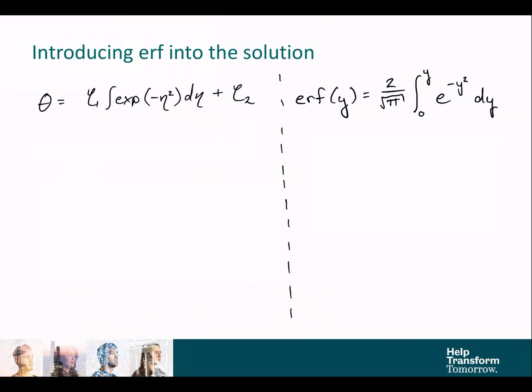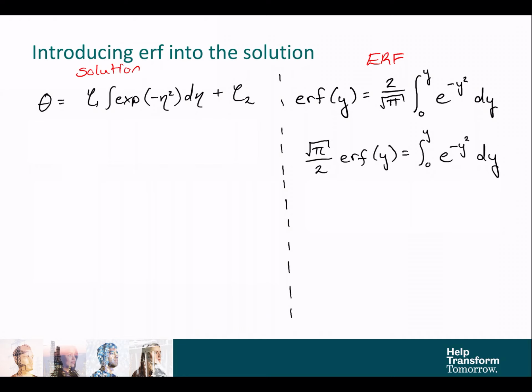And now let's see how we can compare our real solution to the error function to arrive at a particular solution. So we'll start on the error function side and we'll multiply the constant, move that to one side. And then we're going to change out the y's for etas so it looks more similar to our solution.